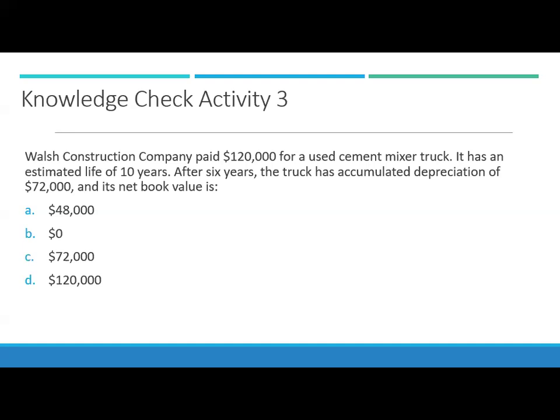Yep, exactly. What they did here is they depreciated it straight line at $12,000 a year. At the end of 6 years, there's 72,000 in depreciation, and they've got 4 years left. So that's $48,000 of net book value left of the asset.